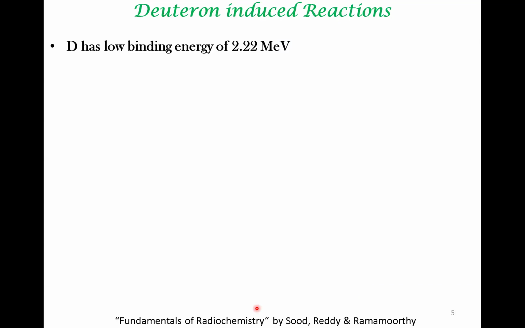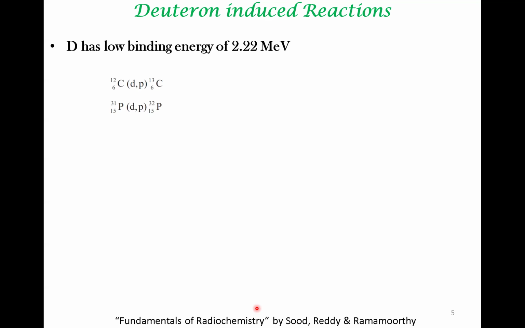Compared to proton, deuterium is even more interesting from the point of view of reactivity because deuterium has low binding energy. So its capacity to induce nuclear reactions is even more than that of proton.